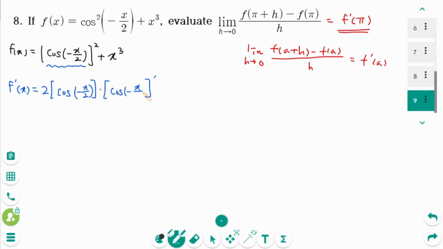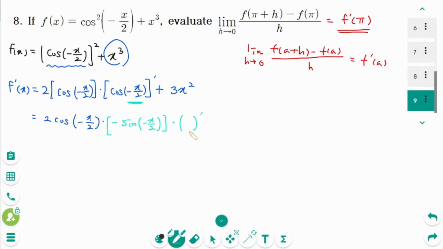plus x cubed prime equals 3x squared. So 2 cosine of minus x over 2 times, now think of it as u equals minus x over 2, so cosine u prime equals minus sine u times u prime, where the inner function is minus x over 2, plus 3x squared.